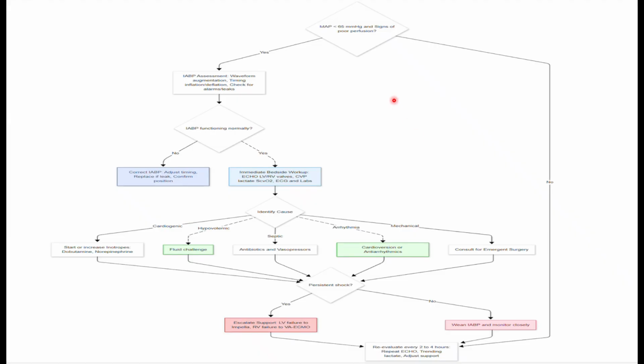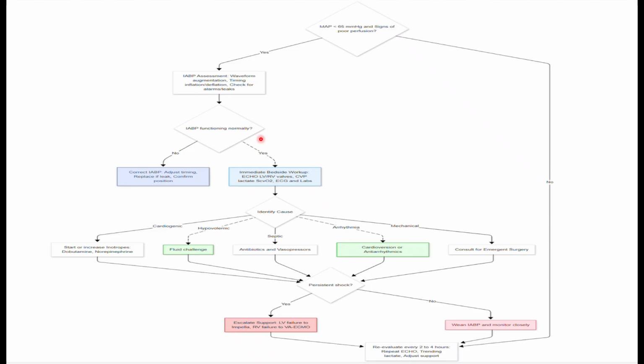I made a small algorithm for the intra-aortic balloon pump. I start from whether the patient has low mean arterial blood pressure less than 65 and signs of hypoperfusion. If yes, we check the timing and the triggers, inflation.